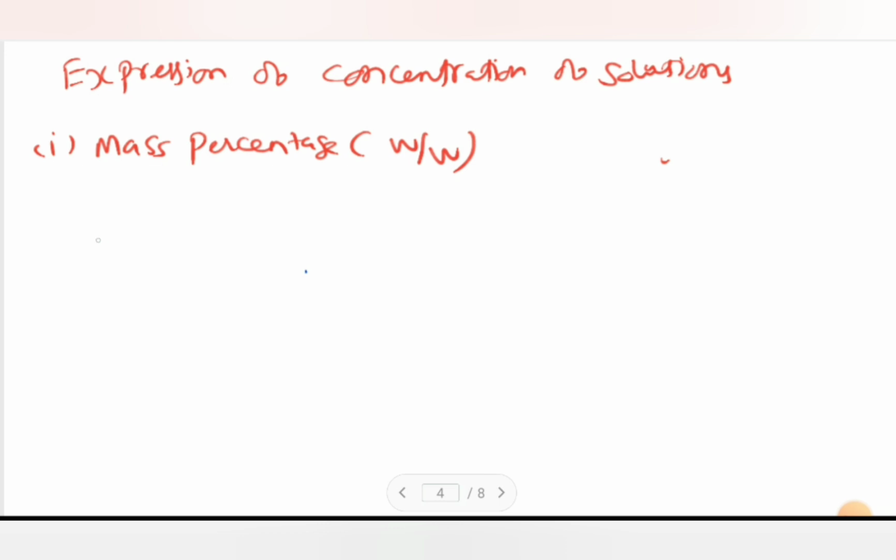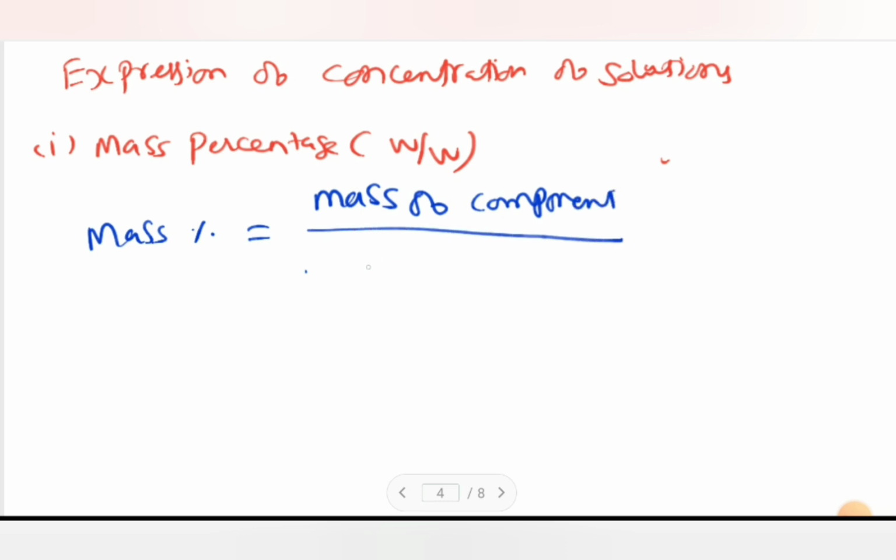The formula for this one is: mass percentage is equal to mass of the component in the solution divided by total mass of solution, into 100.